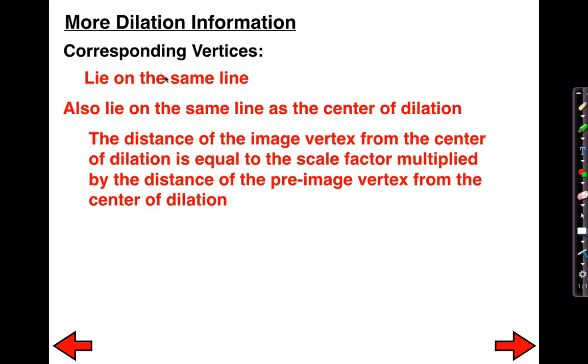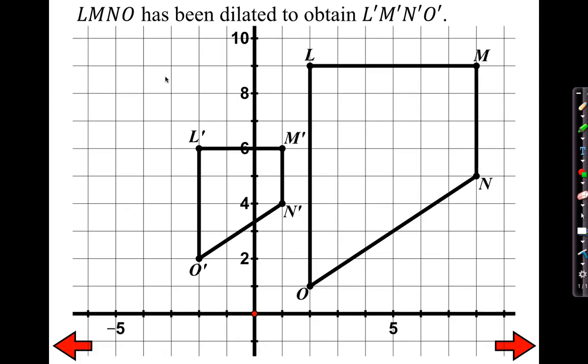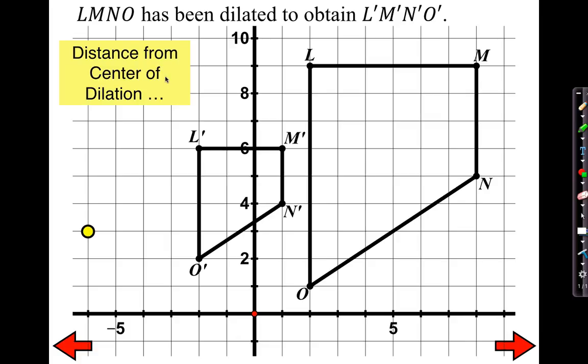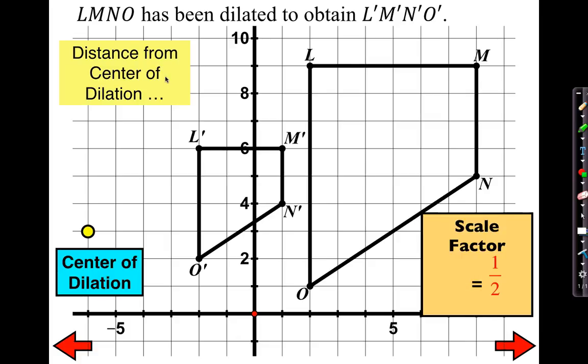So the distance of the image vertex from the center of dilation is equal to the scale factor multiplied by the distance of the pre-image vertex from the center of dilation. So here, what you're going to notice is that the scale factor is 1/2. So if you go from the center of dilation to L, in order to find L prime, you're going to have to take half of it, and you're going to notice it is half the distance.